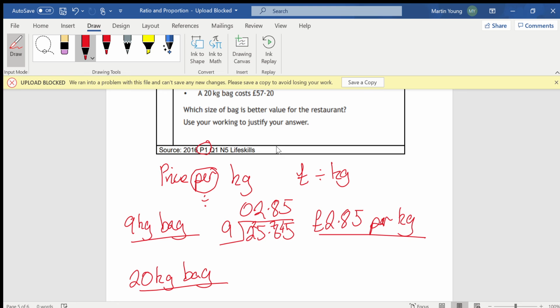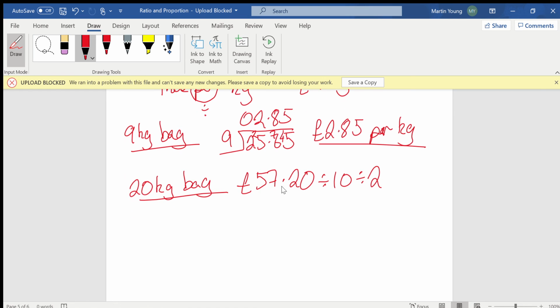When I'm dividing by 20, what I'm going to do is divide by 10 and then divide by 2. So I'm going to do £57.20, divide it by 10, and then divide it by 2. So remember, when I'm dividing by 10, I would be moving the decimal point 1 place to the left.